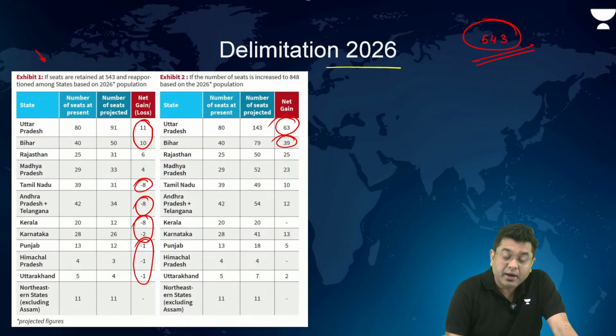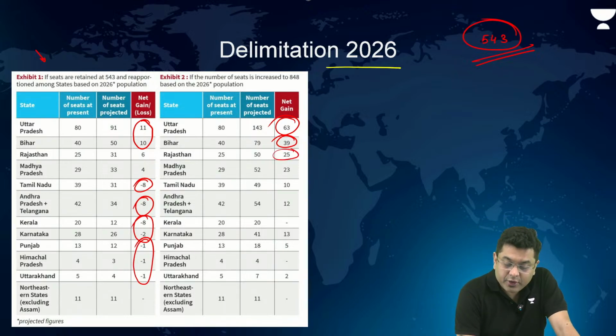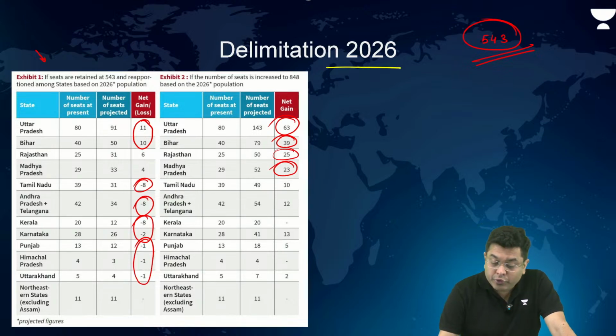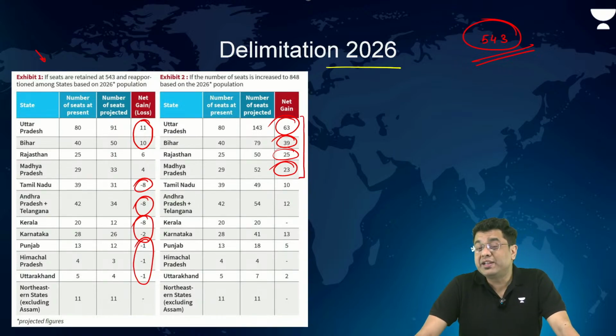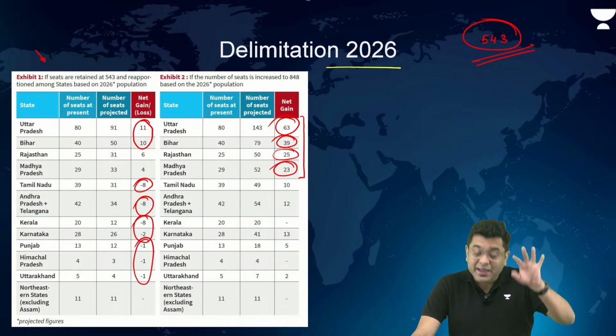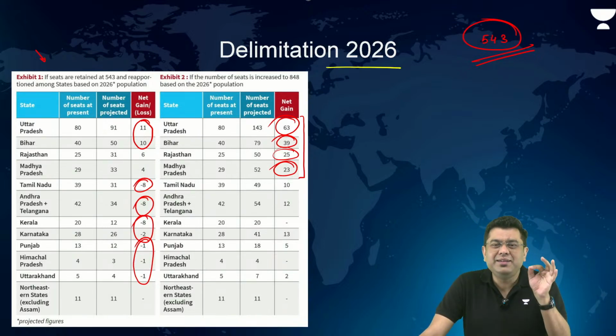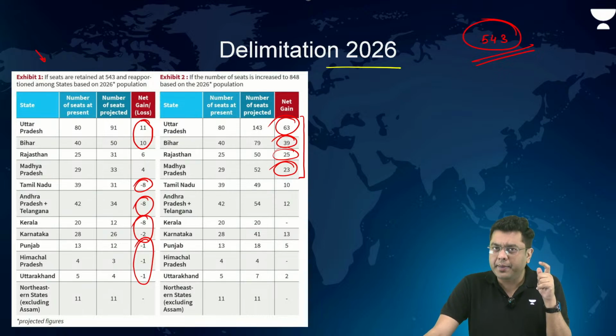Bihar, a net gain of 39 seats. Rajasthan, 25. Madhya Pradesh, 23. So if you take a look at all of these together, you are staring at an increased seat count of around 160 seats just in these 4 northern states. 160 seats. It is not a small number that we are talking about.